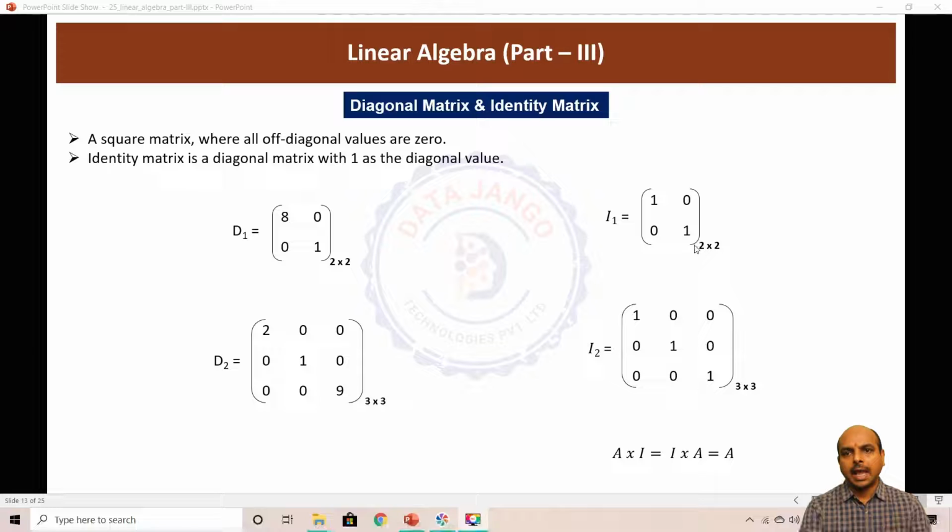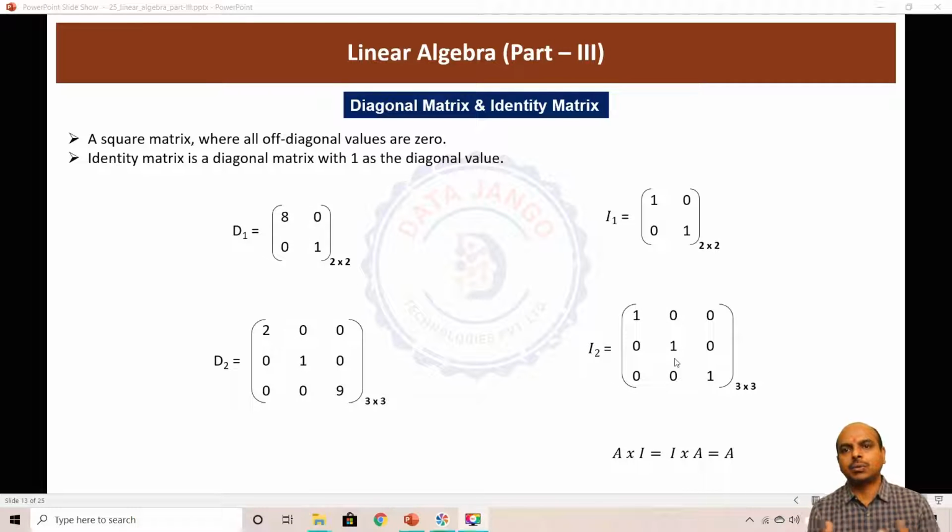Identity matrix: a square matrix with diagonal values 1 and off diagonal values 0 is called an identity matrix. If you look at this definition, identity matrix is a diagonal matrix with 1 as diagonal values. A diagonal matrix means off diagonal values are 0 and diagonal values can have any values, but in an identity matrix the diagonal values are going to be 1.